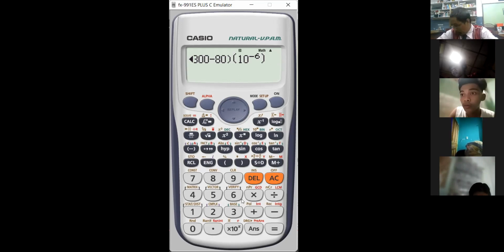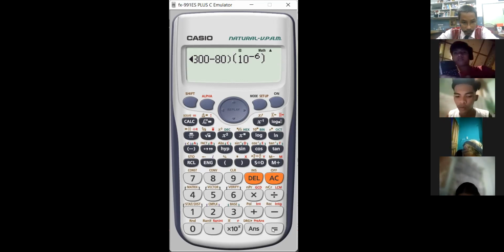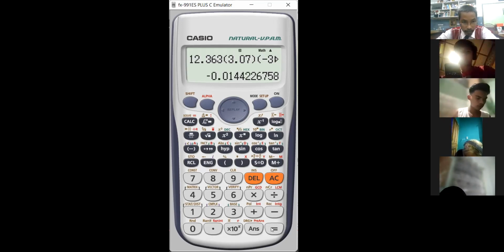Then press the equal sign. Do it, all of you. Practice on your own, use your calculator. Then equal sign, this is the answer: 0.014423. Let's round it up.